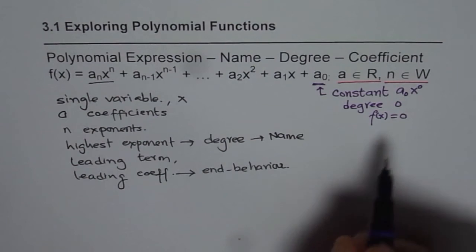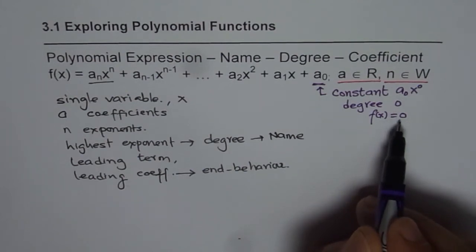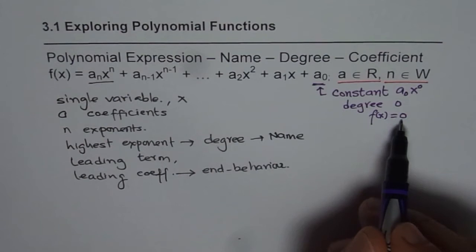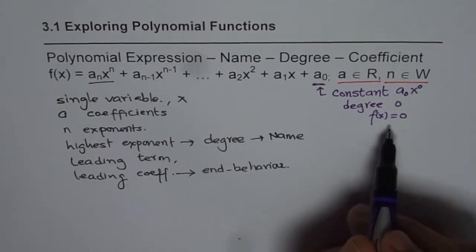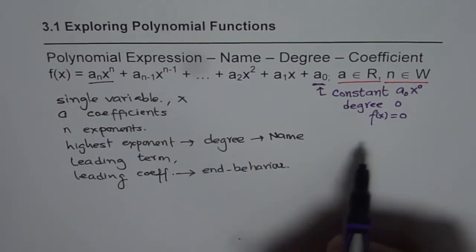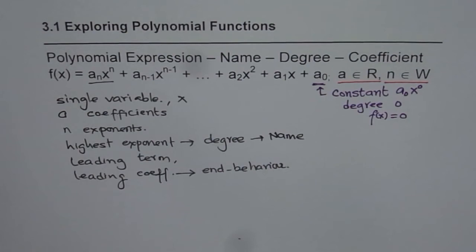And the question is whether this is a polynomial or not. f(x) equals 0 is a polynomial where 0 is the constant, a_0. The degree of this polynomial is 0. And do you know how to sketch this polynomial? X-axis. The x-axis represents f(x) equals 0.